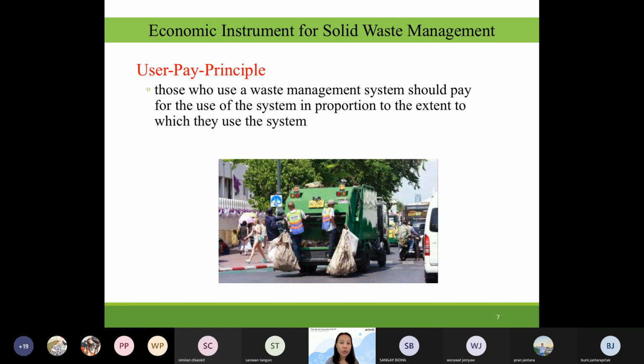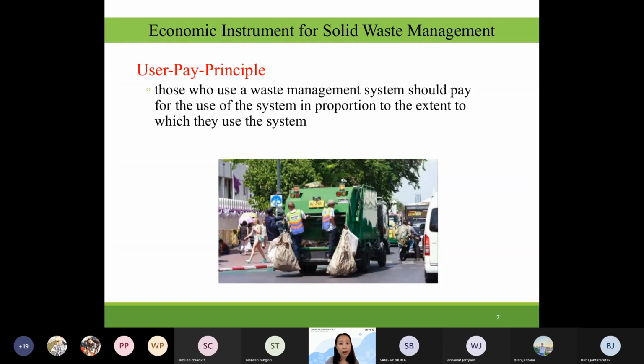But as I showed you in the information, it's a low cost, right? Low cost for the waste management. That's why people don't care about the concept of reducing the amount of solid waste, right? If we increase the cost of waste management based on the user pay principle, maybe 100 or 200 or 500 baht per month, it would include the other costs, not only the collection.